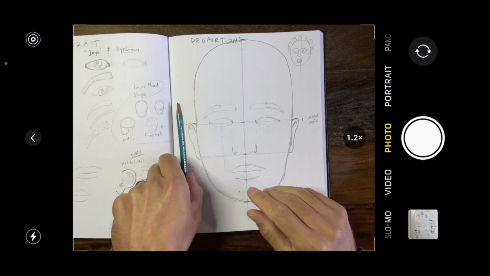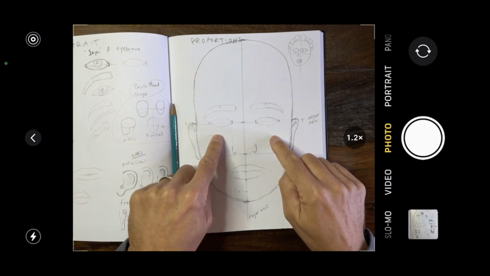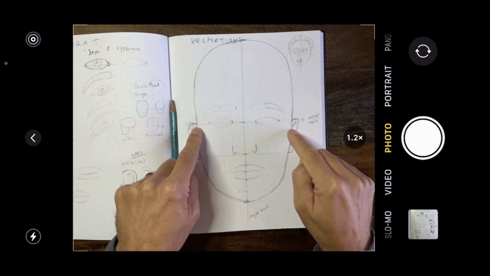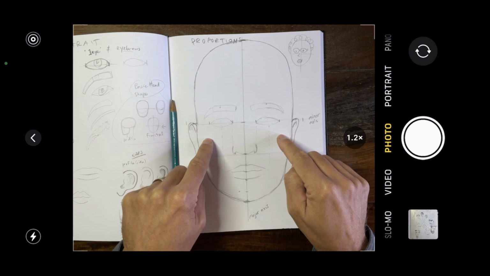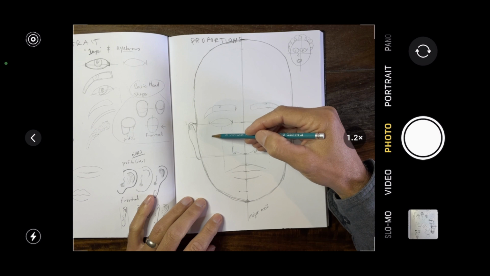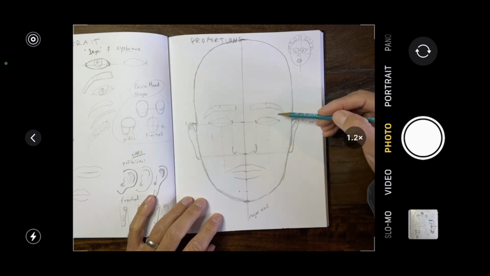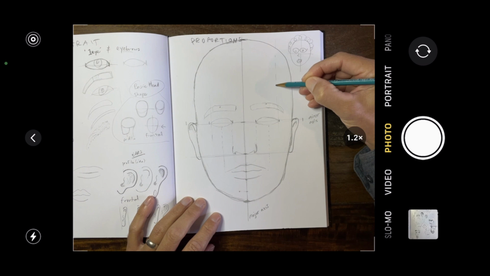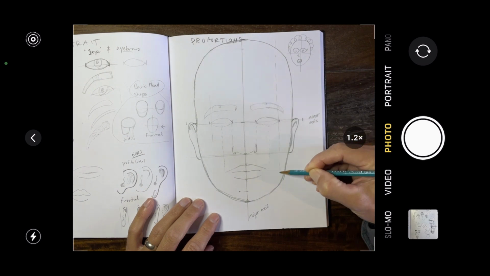And where the front changes to be the side is about where the cheekbone sticks out the most. So we can go about here, outside corner of eyes, and draw a dotted line like this.